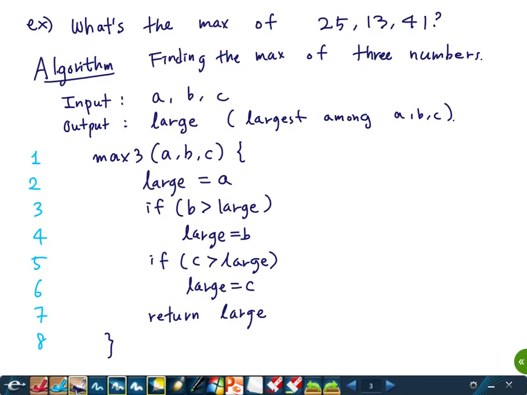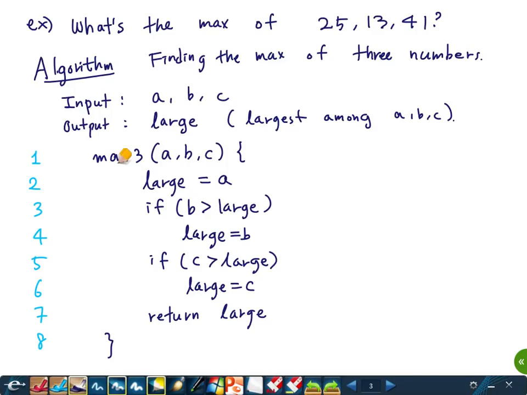All right, so let's look at each line. Let's look at the algorithm line by line. So what is this? It means max3 is just the name of this algorithm. It can be anything. It doesn't have to be given like this.